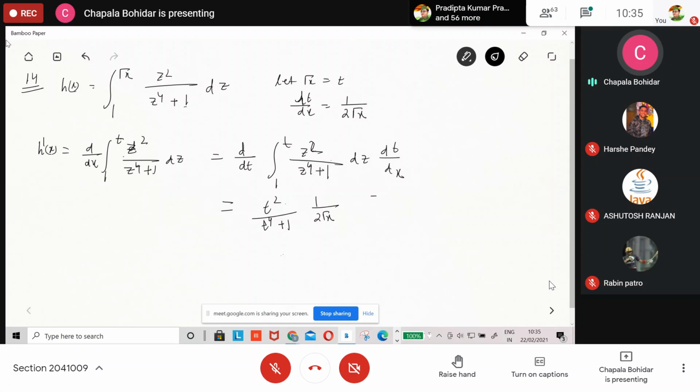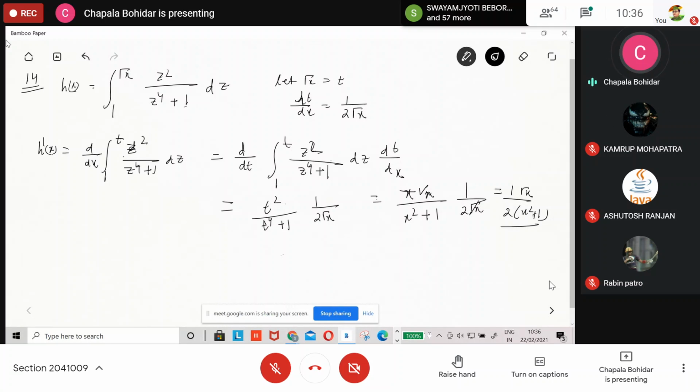So the t square, considering t as root x, is x divided by x square plus 1, times 1 by 2 root x. So here I'll get 1 by 2 into x square plus 1 under root x. All of it clear? This one? Yes, ma'am.